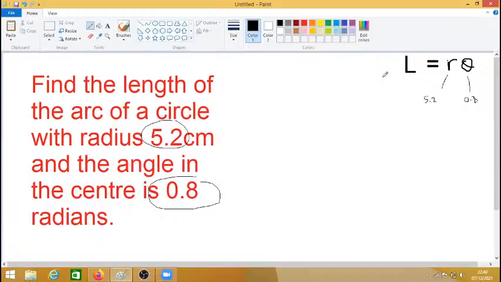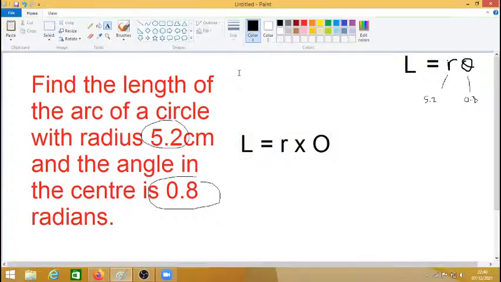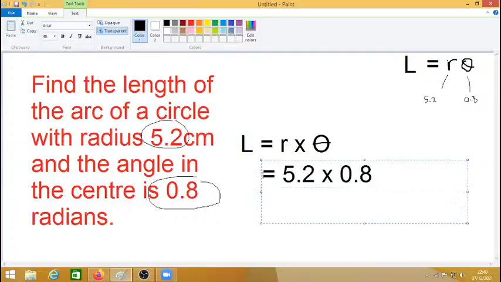So all I need to do to work out the length of this arc is r times theta, which in this case, the radius is 5.2, that's the r, and the theta is 0.8. So 5.2 times 0.8, and that gives you 4.